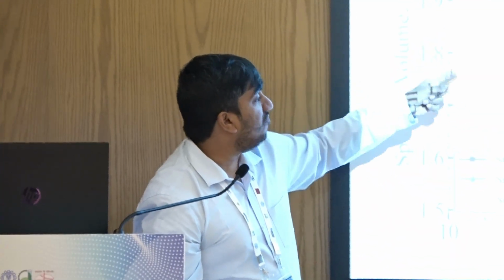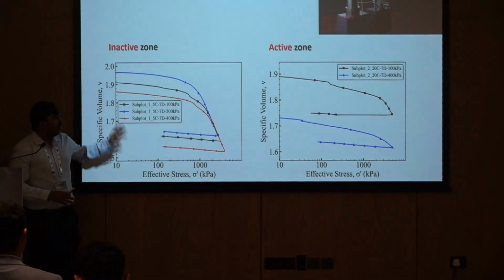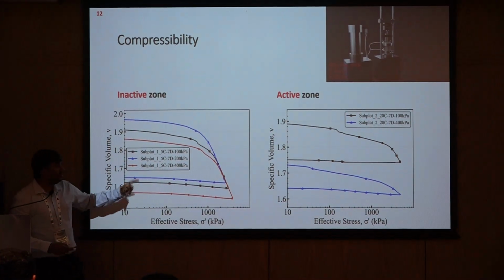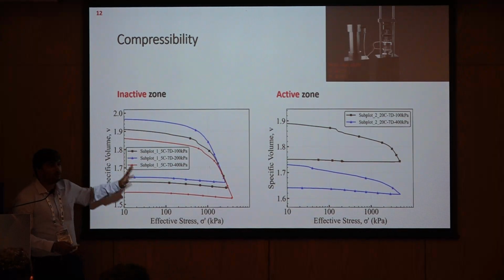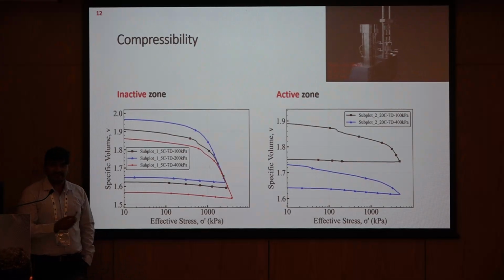But here 100 kPa and 400 kPa are identical in the post-yield behavior. Even the yield stress is not much enhanced. There is an enhancement, although I am not putting the 0 kPa here, but there is enhancement. The only point which we want to discuss is between 100 and 400 kPa, because limited studies were conducted to see whether the self-stress effect is actually happening or not.